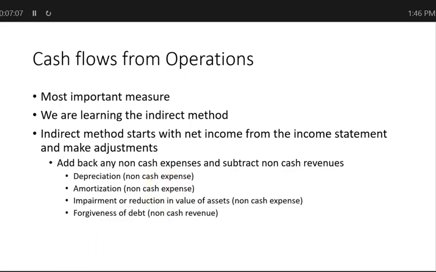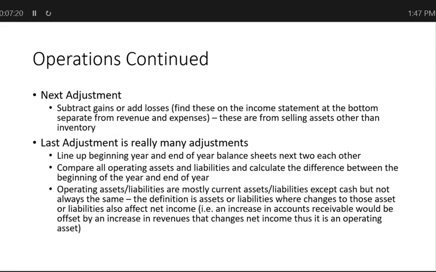It includes any of those. We would find our depreciation, amortization, impairment, those types of things on the income statement. We look for those non-cash expenses. The next adjustment is we're going to subtract the gains and add the losses.